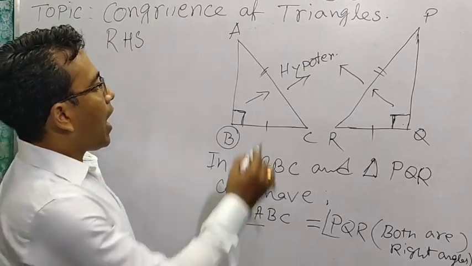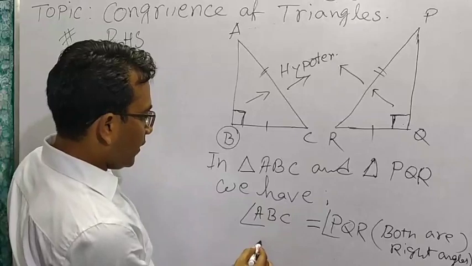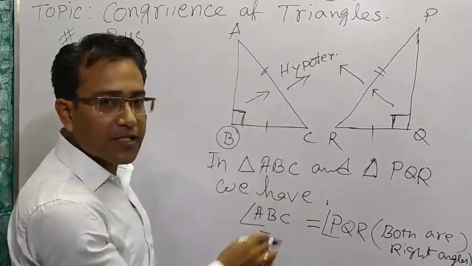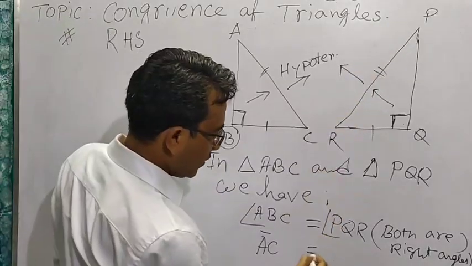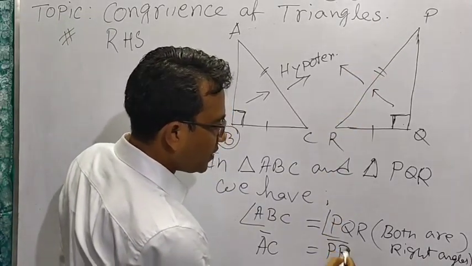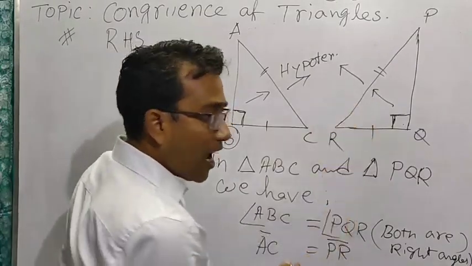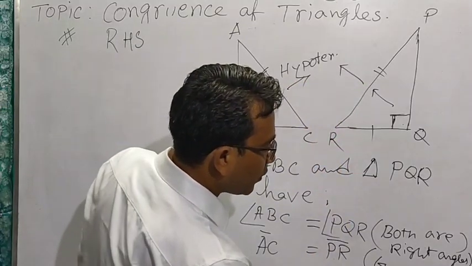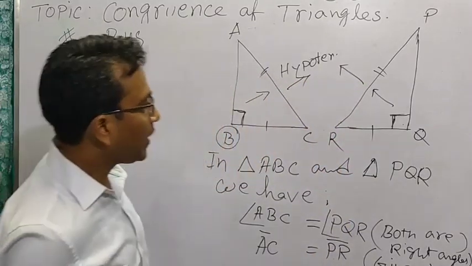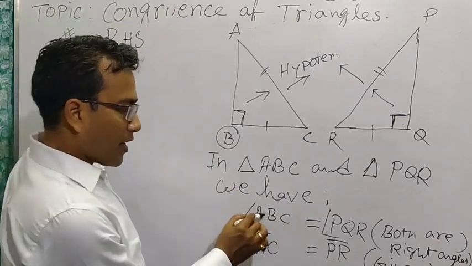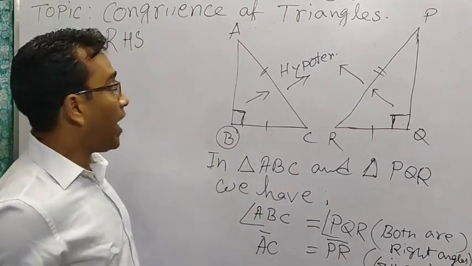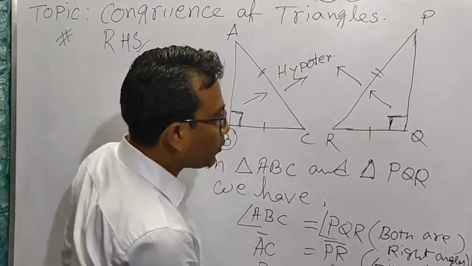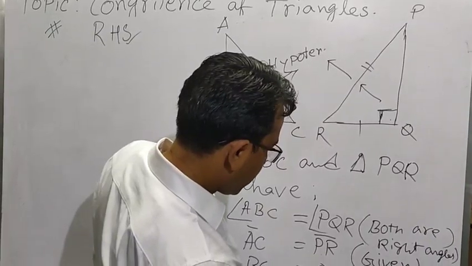Then AC is the hypotenuse of this triangle, PR is the hypotenuse of this triangle, given, as I have already indicated in the figure. You can write the reason, given. Similarly, right angle, hypotenuse and one side BC equal to QR.